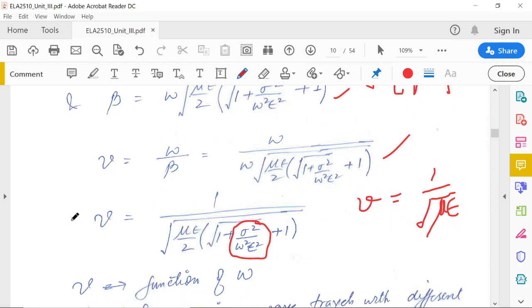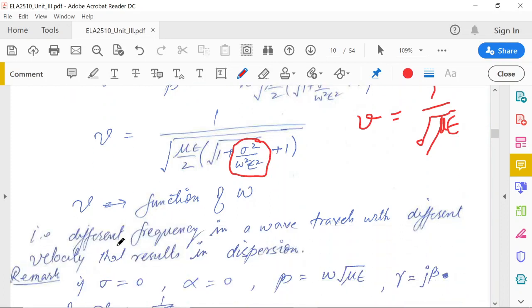Now here, for the lossy dielectric, the phase velocity is also depending upon the frequency. So different frequencies will exhibit different velocity. What it means is that the different frequencies in a wave travel with different velocity, and that results in dispersion. So there will be a dispersion due to this lossiness in the dielectric, that is, due to some conduction, this conductivity sigma being non-zero.